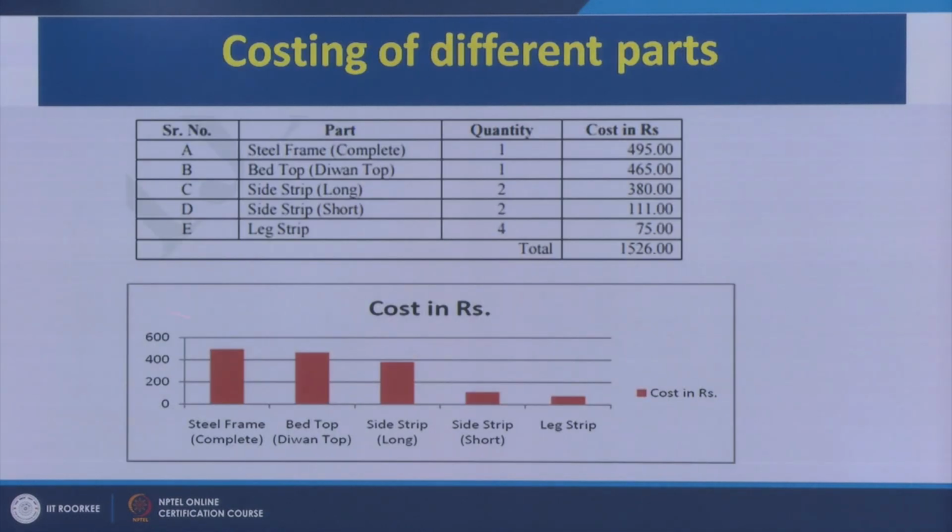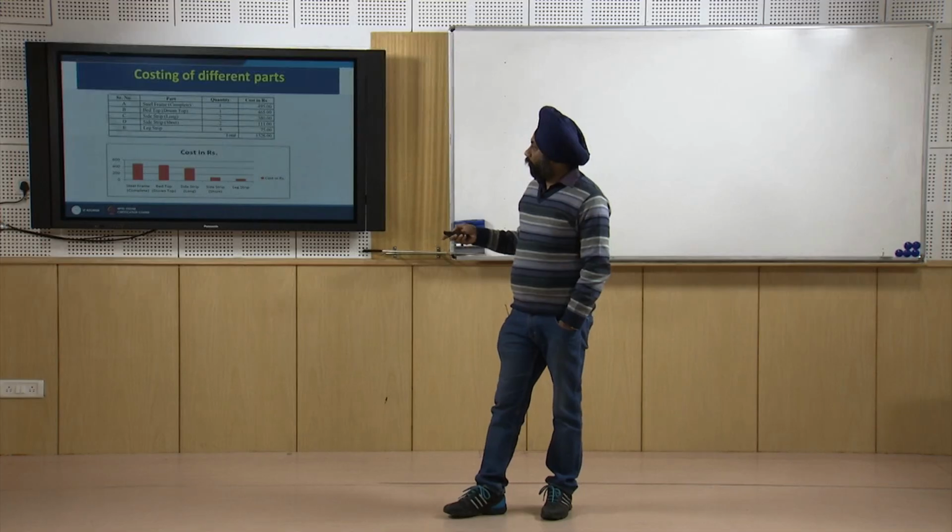If you see steel frame, what is the contribution of this cost in the overall cost of the product? The overall cost of the product is 1526, and we can see 495 rupees are being contributed by steel frame only, and we can very easily calculate the percentage contribution of steel frame.